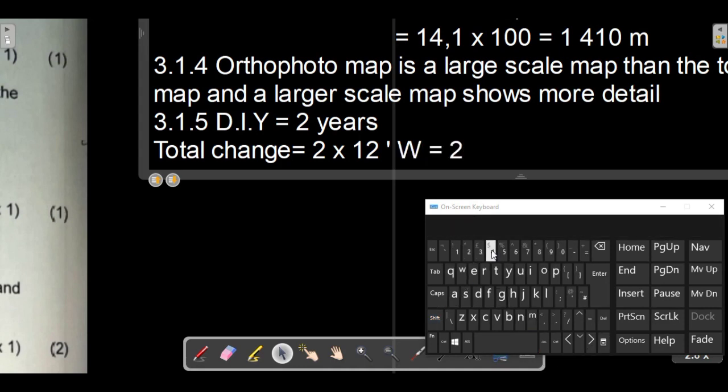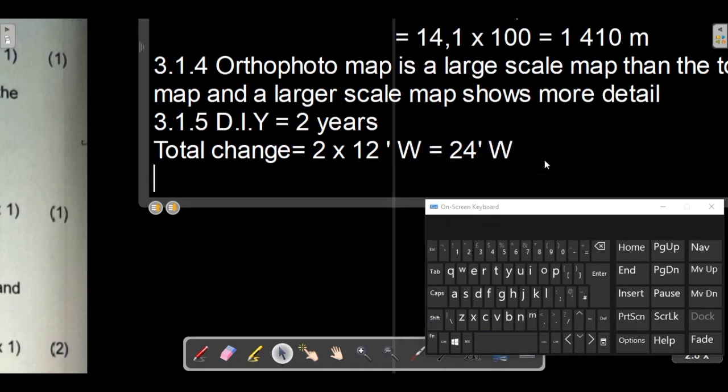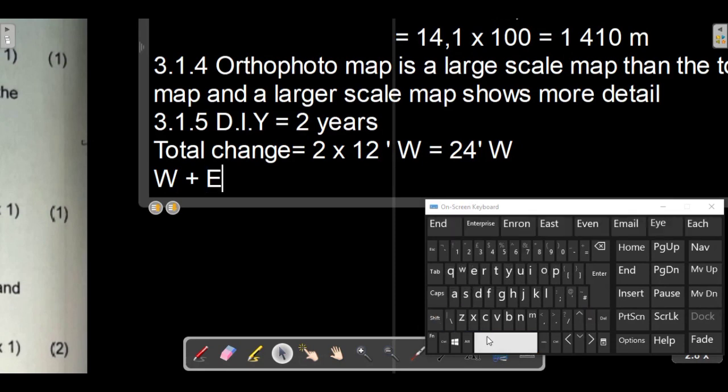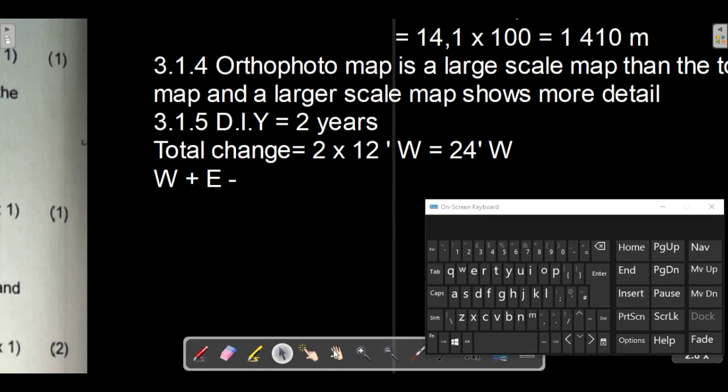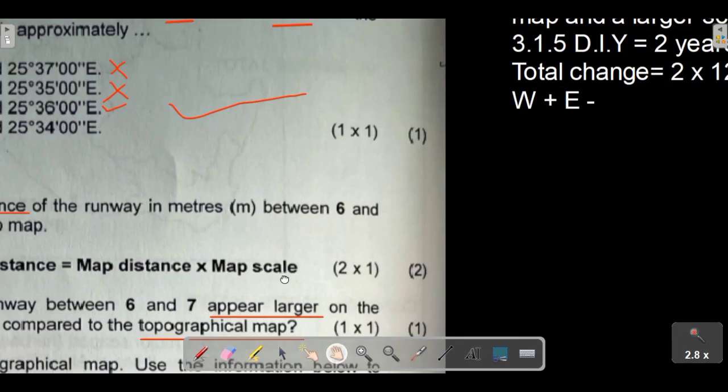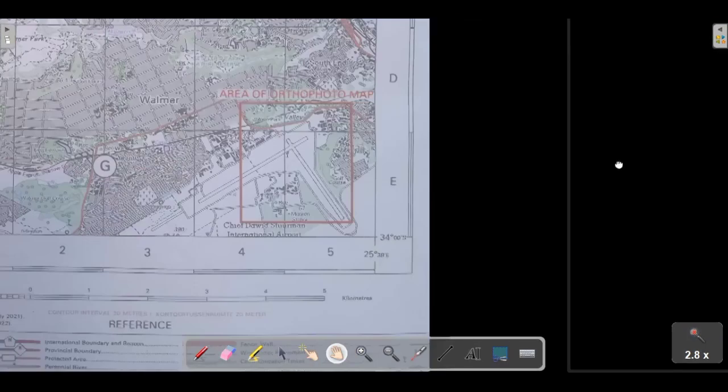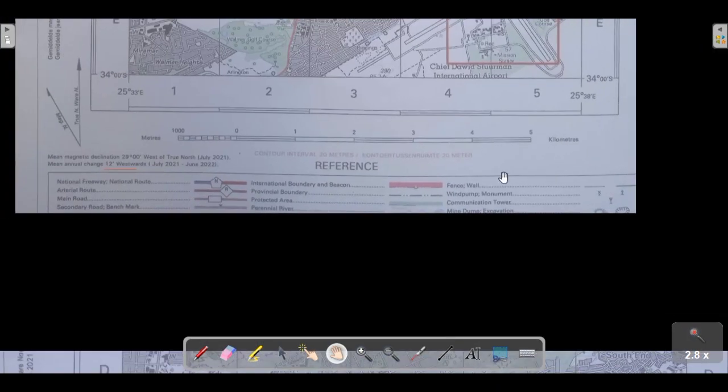Of course, it's going to be 24 minutes westwards. Then remember, guys, westwards, we add, right? And eastwards, we subtract. So let's look at the magnetic declination that was recorded.